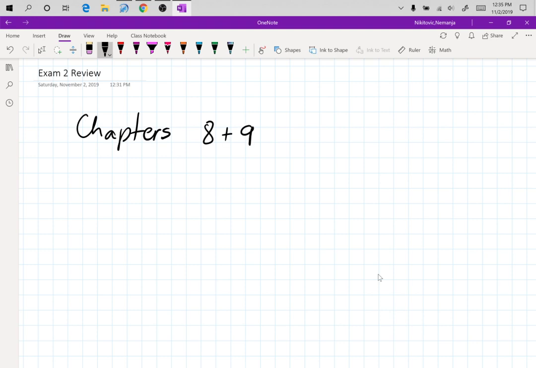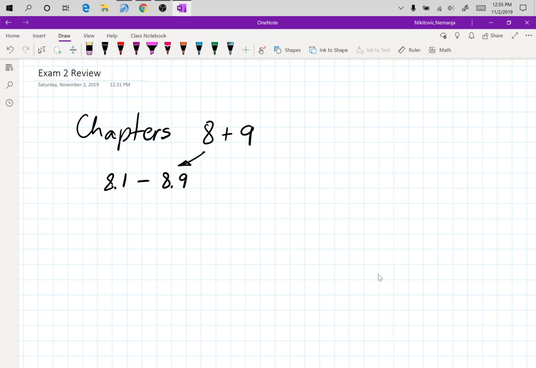Now, for chapter 8, we have 8.1 through 8.9 minus 8.7, I believe 7 was the one with the table of integrals that I can't give you.